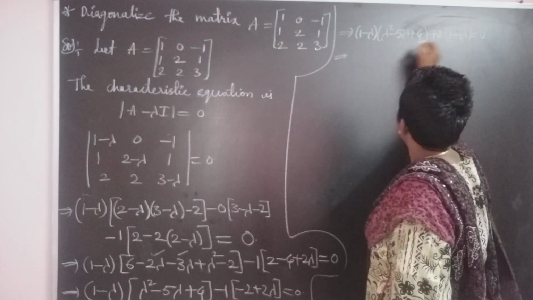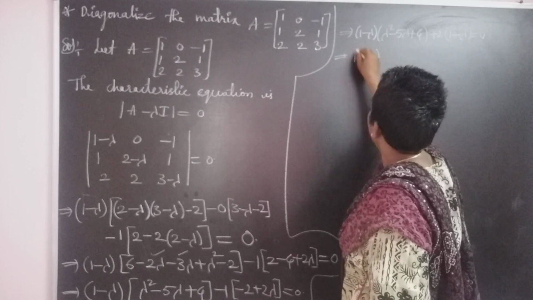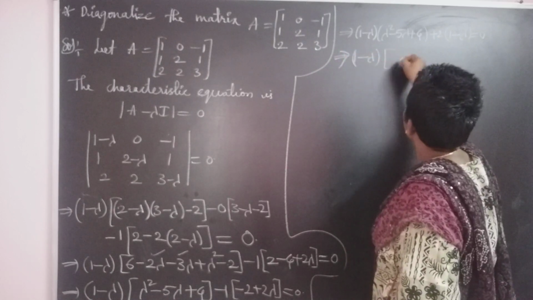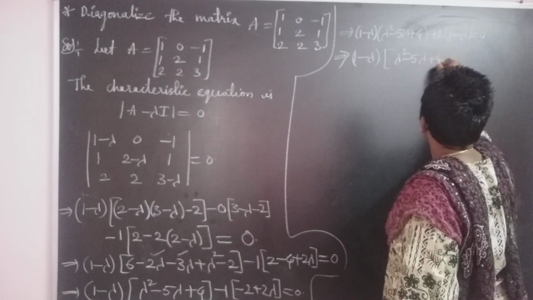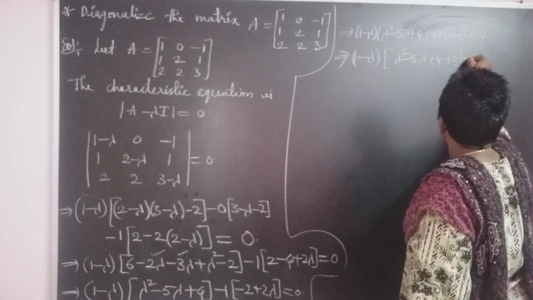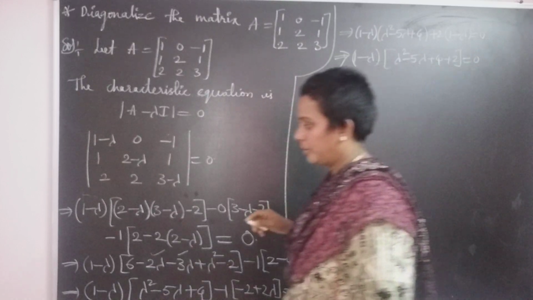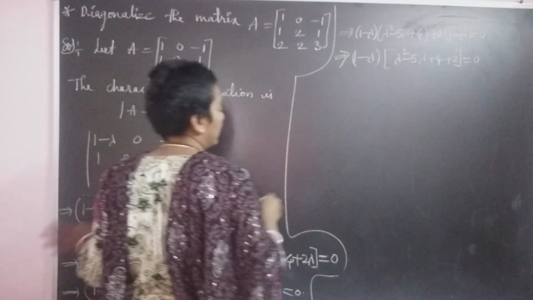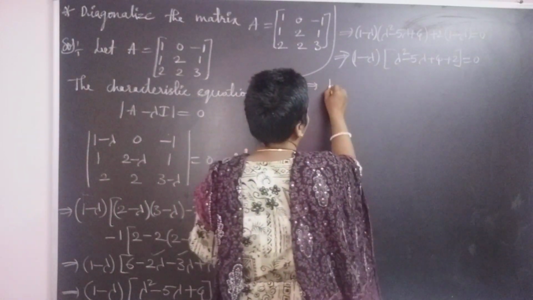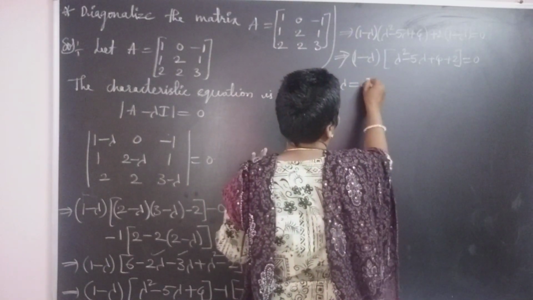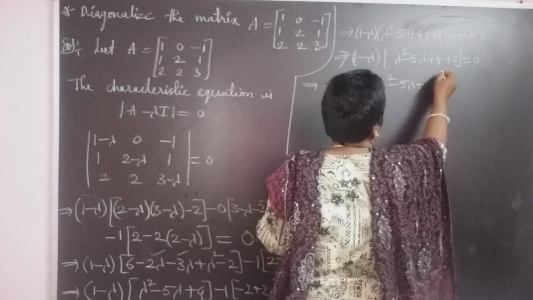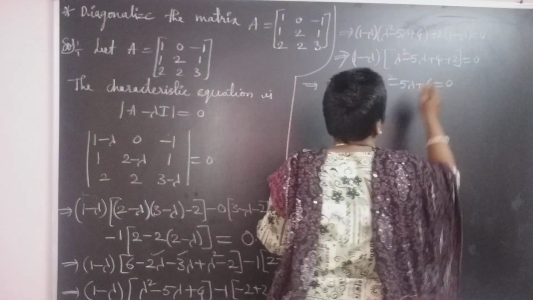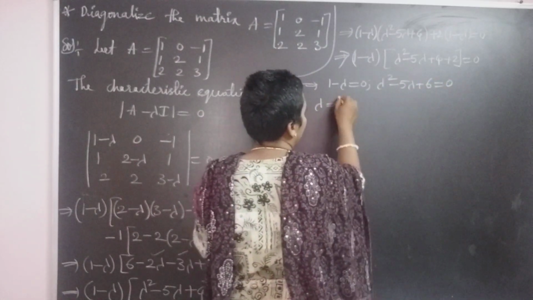In these two terms, taking 1 minus lambda common, the remaining terms are lambda square minus 5 lambda plus 4 plus 2 equal to 0. Then 1 minus lambda equal to 0 and lambda square minus 5 lambda plus 6 equal to 0. Here lambda equal to 1.